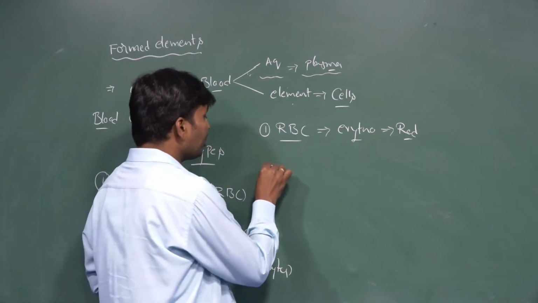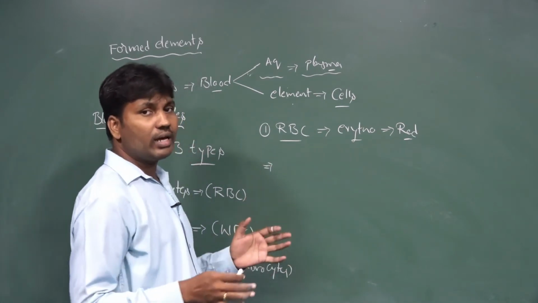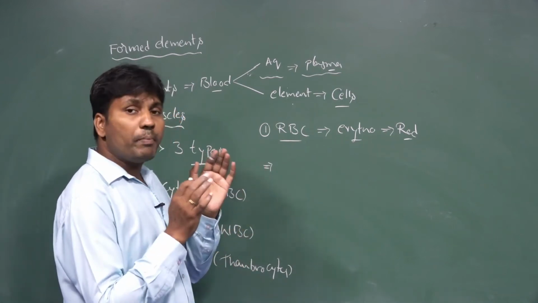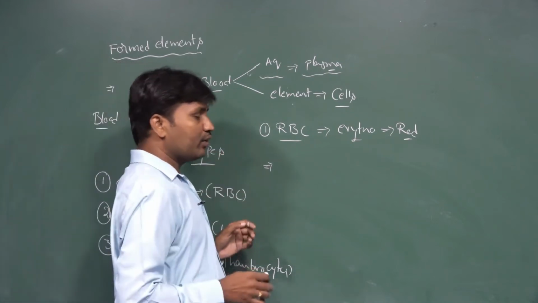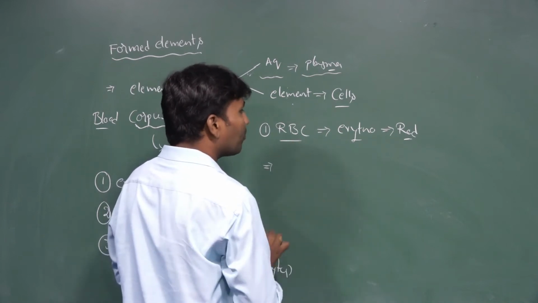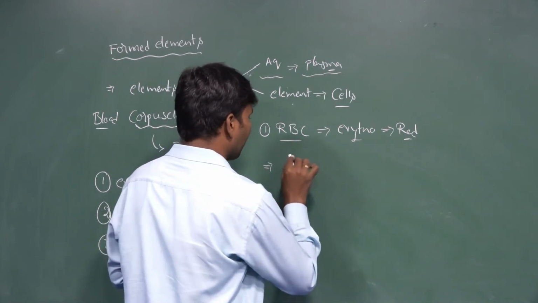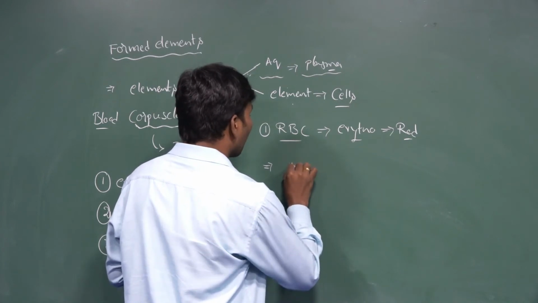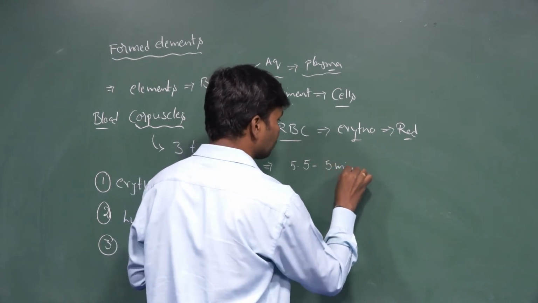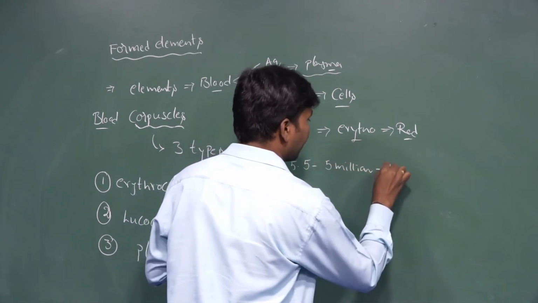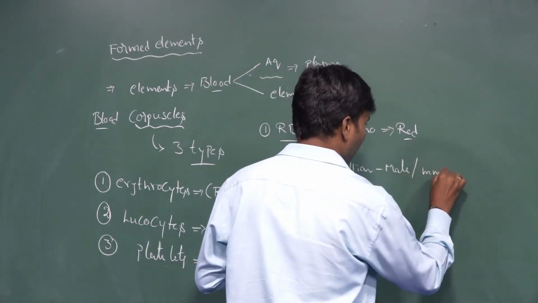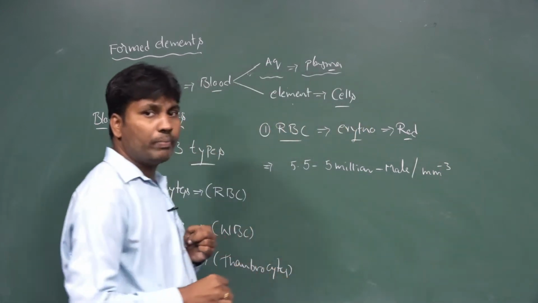When we take the erythrocytes, RBC, of the total number of blood corpuscles, these are the major content presented in the blood. How many RBC cells are presented in human blood? 5.5 to 6 million in case of the male, per 1 cubic millimeter of the blood sample.